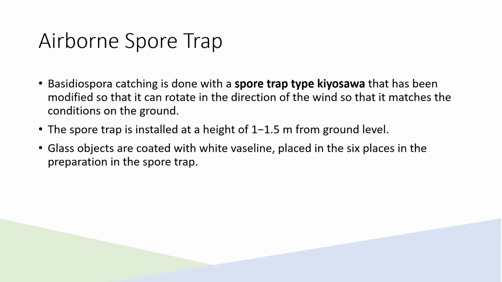Now we move to airborne pathogens. The pathogens that commonly move in the air are spores from fungi. So we can conduct spore monitoring. It can be done in the field, but it is also important to do it in the room.